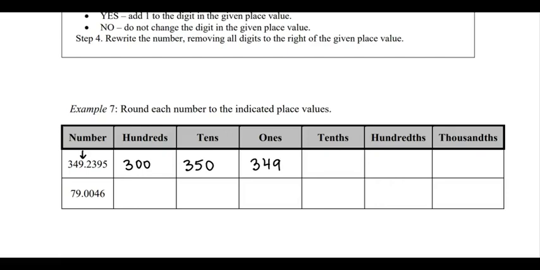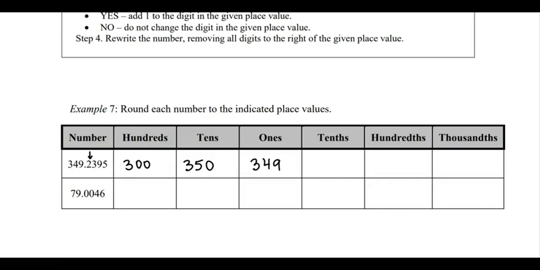Now things are getting a little bit more interesting. The tenths. Notice that when we did the hundreds and the tens, we wrote in the zeros for the whole numbers. For the decimals, we do not need to do that. So let's go ahead and look at our decimals. We're going to round to the tenths place. First you find the tenths place, which is a 2.